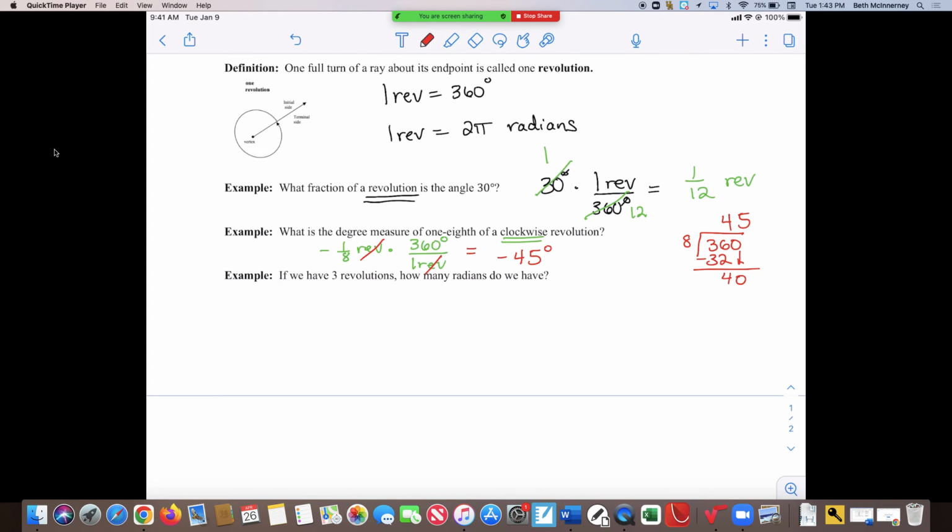So I asked for the revolution, I asked for the degrees, now I'm going to ask for the radians. It says if we have 3 revolutions, and again, don't touch a calculator, how many radians do we have? Can anybody give me help? Yeah, Sydney, what do you think we're going to do?